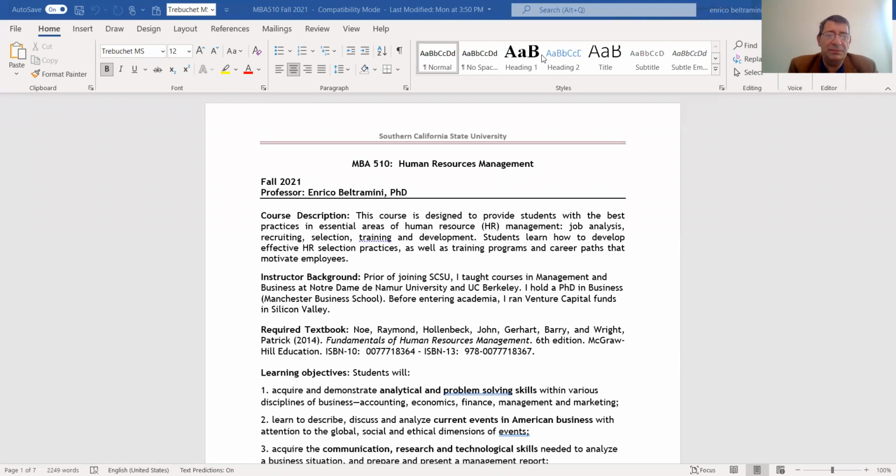As you will see, this is the syllabus for human resource management. It is about a few things that you need to know if you will manage human resources, or if you will not be part of a human resource department, you still need to know what the Department of Human Resources actually does. So this is the topic.